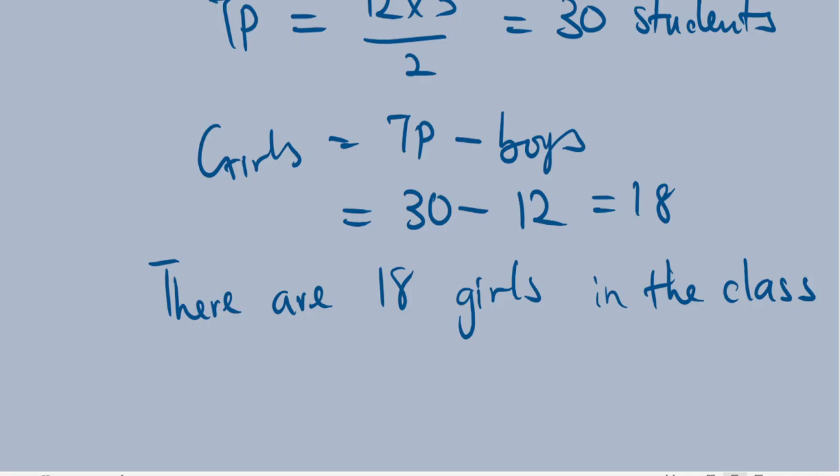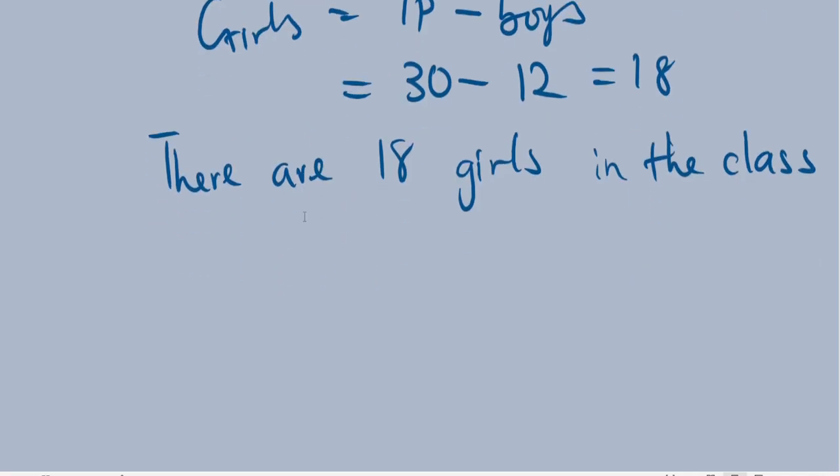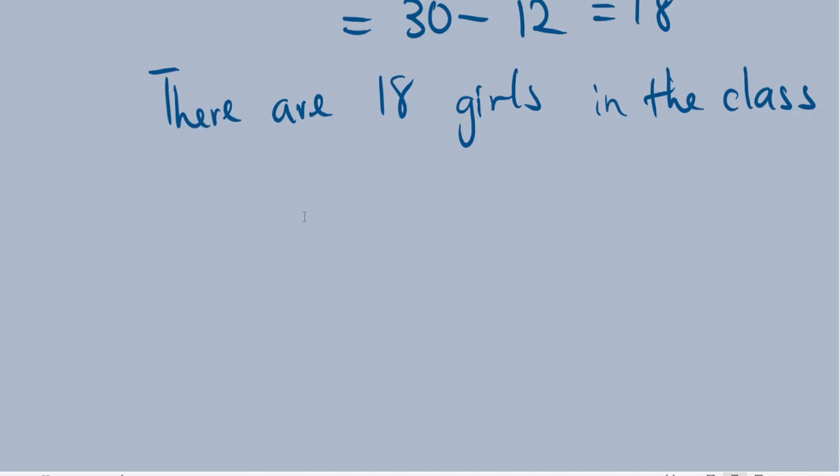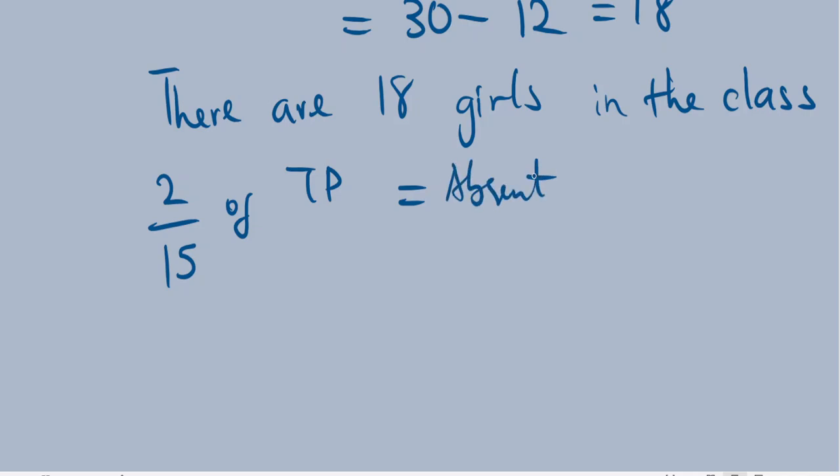We already said that 2 over 15 of the whole class were absent. Let me write it out. 2 over 15 of the total population were absent.